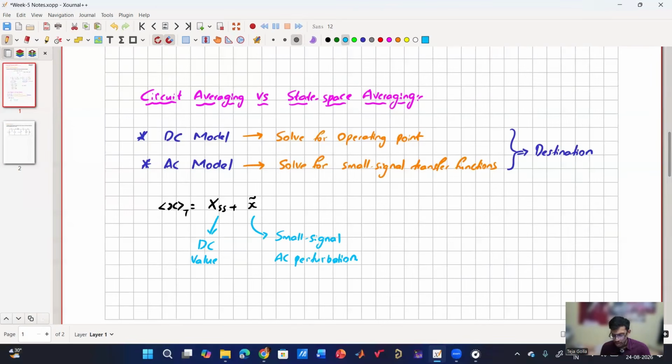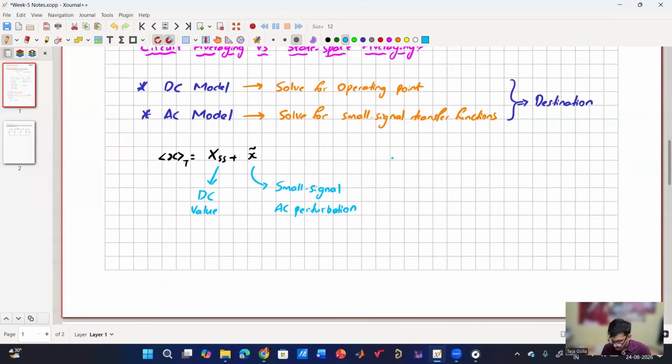Okay. So in the case of circuit averaging, what is the process? As you mentioned, we'll first write the KCL, KVL, and then replace x by x steady state plus x tilde, and then we'll solve for it.